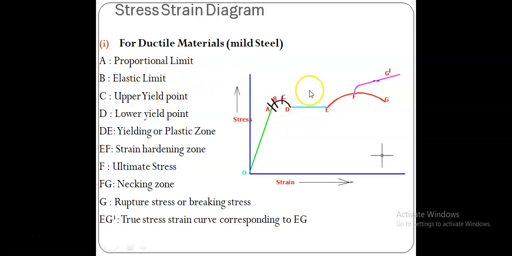Proportional limit, then at B elastic limit. So there is a small difference between a proportional limit and an elastic limit.